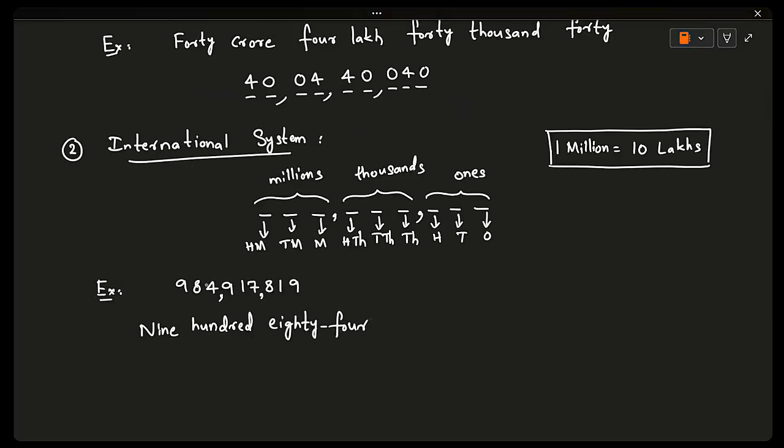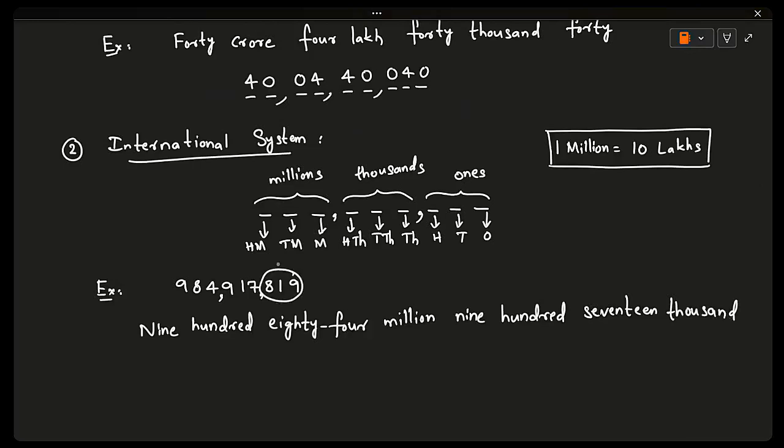Add the name of the period. What is the name of the period? Millions period. Don't write millions, write million. 984 million. Now, the next number name is 917, but the period name is thousands, so add the period name: 917 thousand.